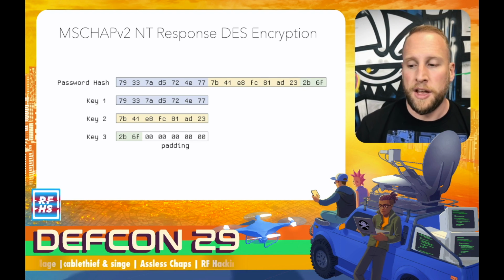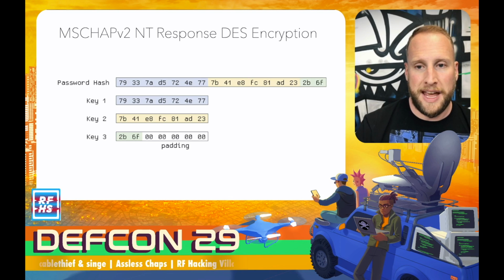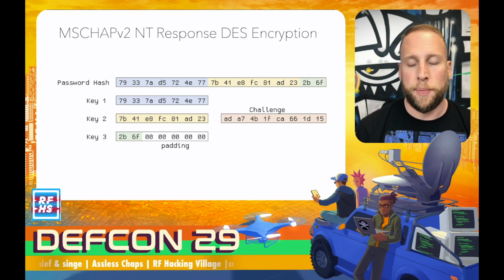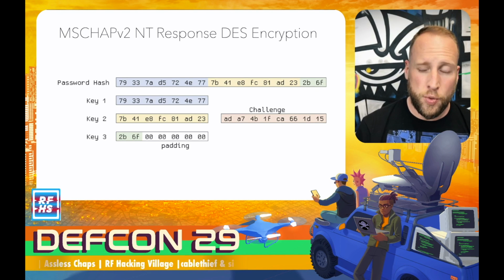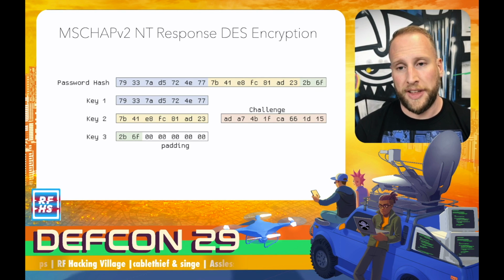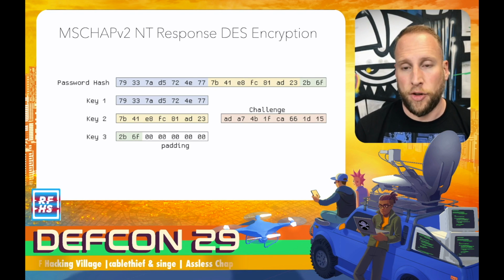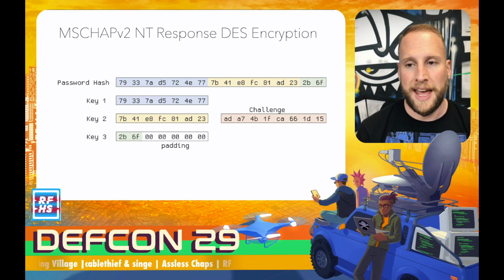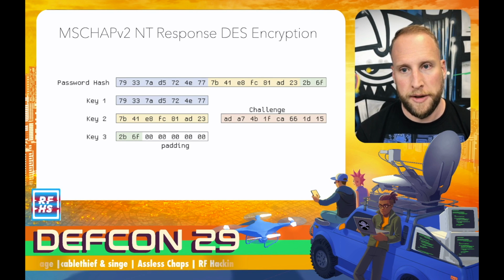These 3 keys are then used in 3 separate DES calculations to encrypt the same challenge. So the password hash, or part of it, is used as the key. The challenge is used as the clear text, and then the ciphertext, or the result of that, is used to construct the NT response that Michael was talking about.